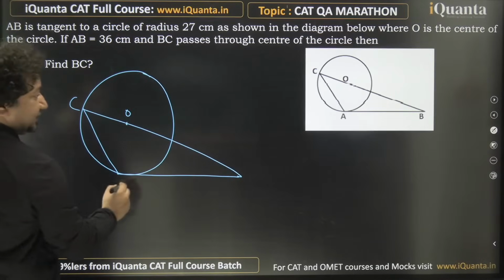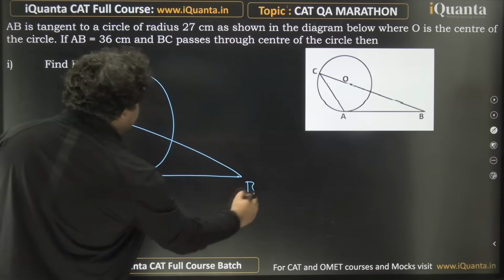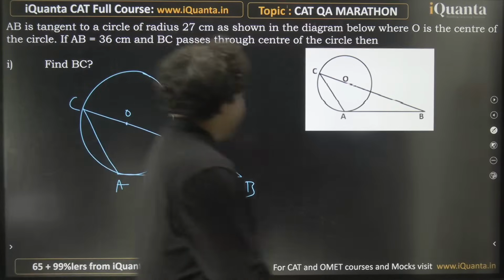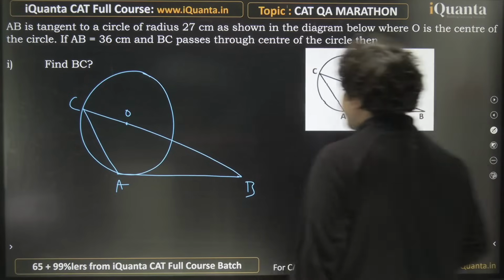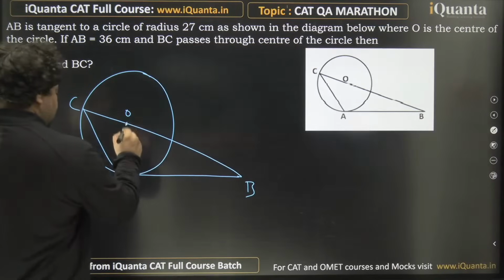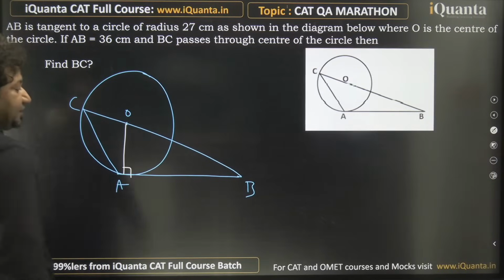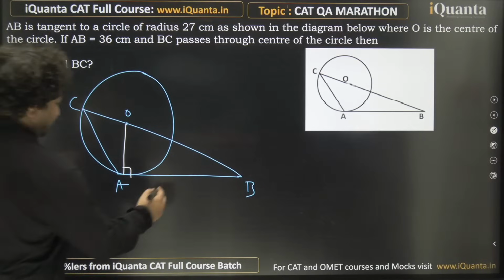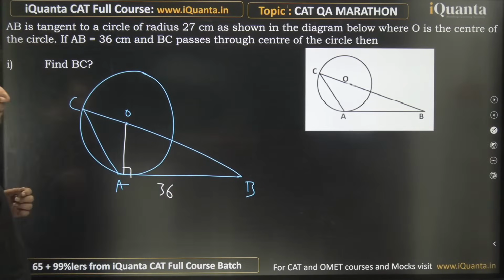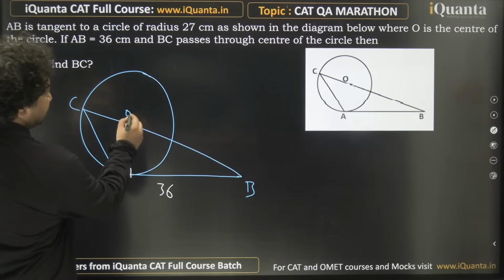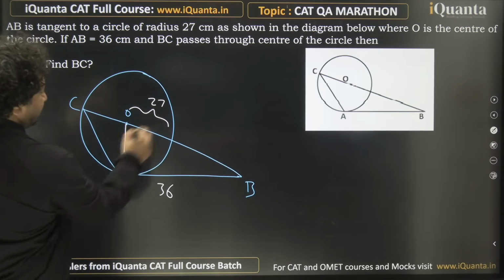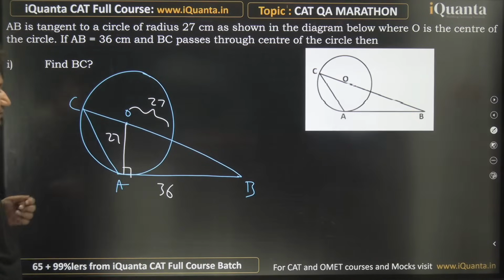This is O, this is C, this is A, and this is B. What if I join O and A? The moment I join O and A, as we know, from the center there's always a right angle triangle. AB is given as 36, right? This is 27. This is also 27.